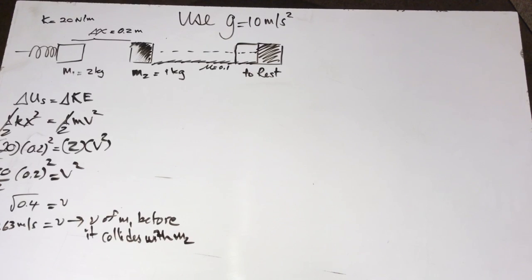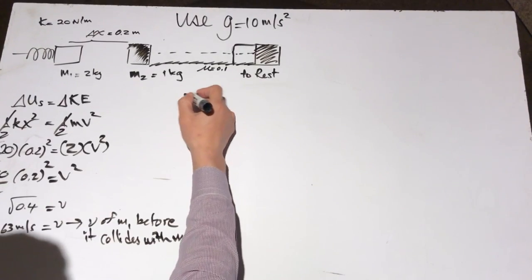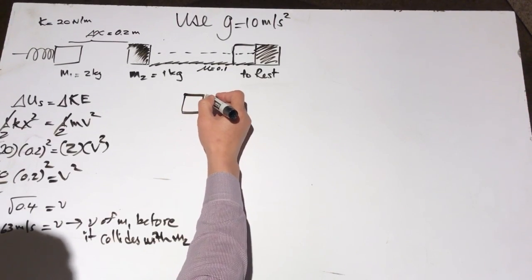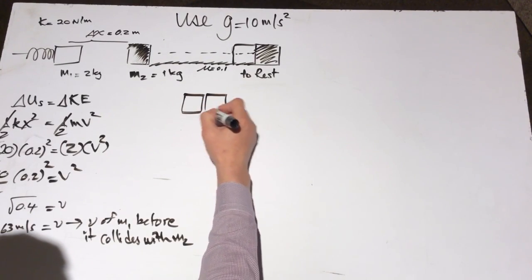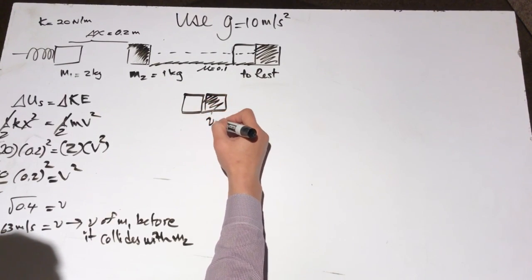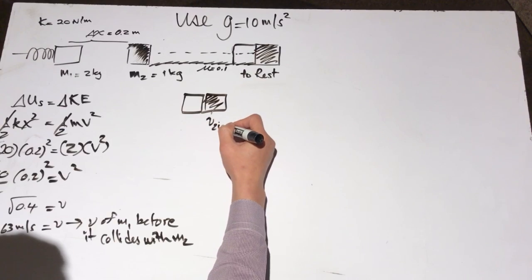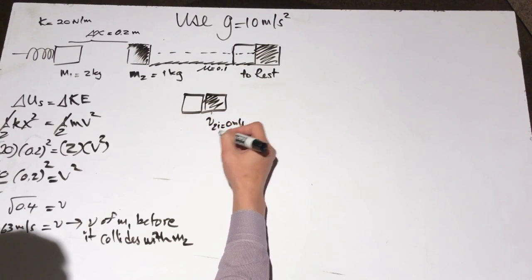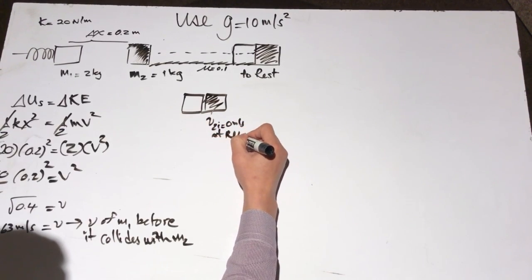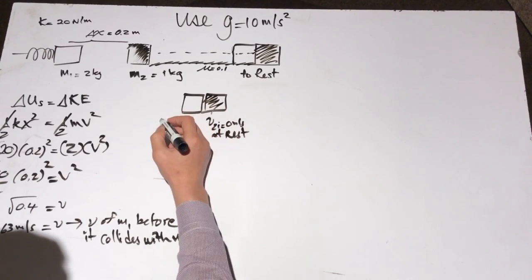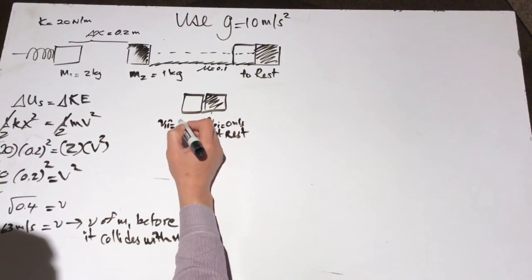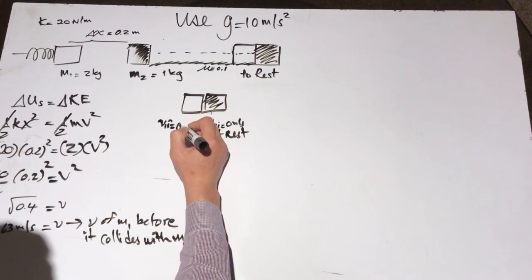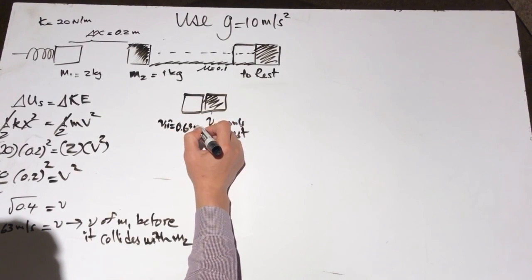Now we go back to the second part of the problem. It says after that, these two blocks are right here. Okay, let's draw a picture again of what you know. V2i is equal to 0 because it is at rest. V1i is equal to the velocity you just calculated.